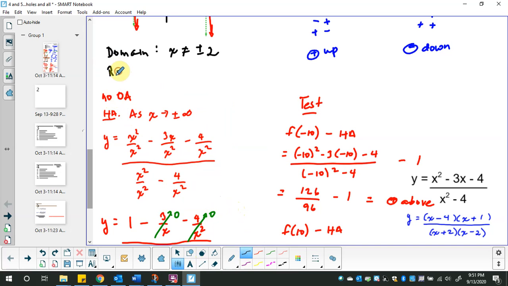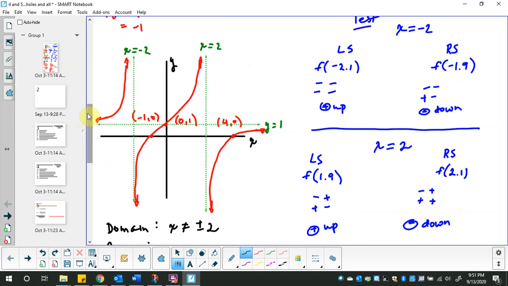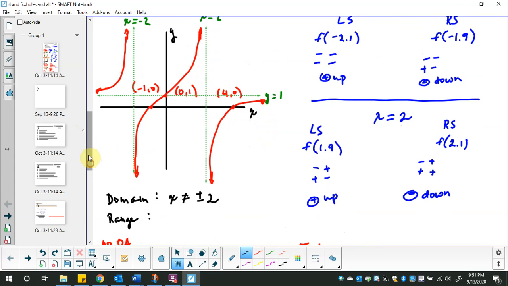So the range, you're going to have to look at the picture, which is why we've waited to this time to figure out the range or to state it. You have to figure out if there's any y's you skip over. And a lot of people think, oh, well, y can't equal 1, because if it's the asymptotes in this direction, then it should be the asymptotes on the up and down. But that's not true.